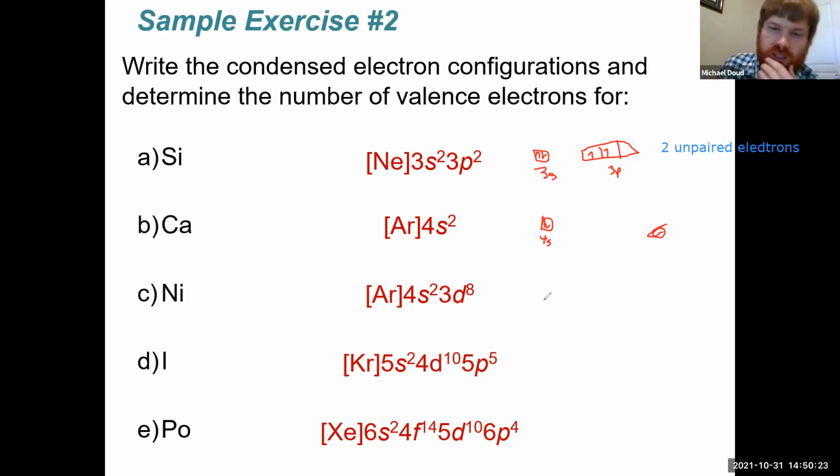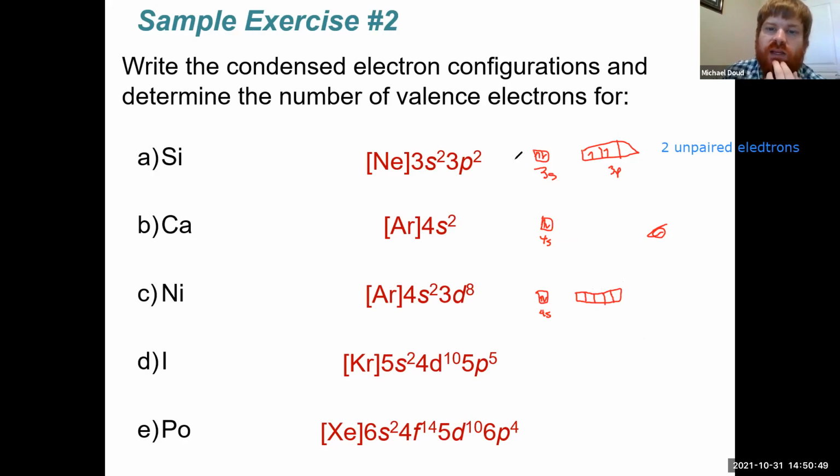Okay, nickel. Now nickel is 4s2, 3d8. So we first draw the 4s sublevel, and it's got 2 electrons. Next up, we draw the d. So how many orbitals are in the d sublevel? 5 total orbitals, right? So let's draw that out. That's 1, 2, 3, 4, 5. Great. And now we're going to fill it.